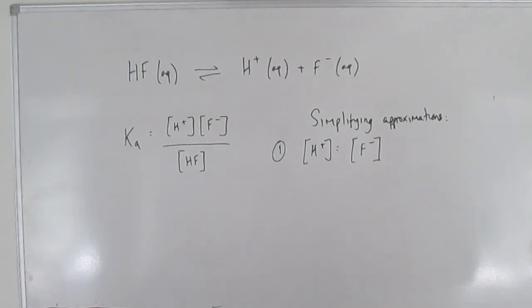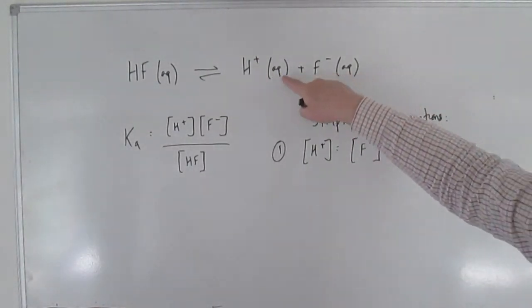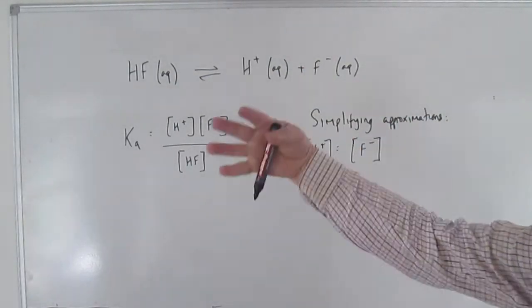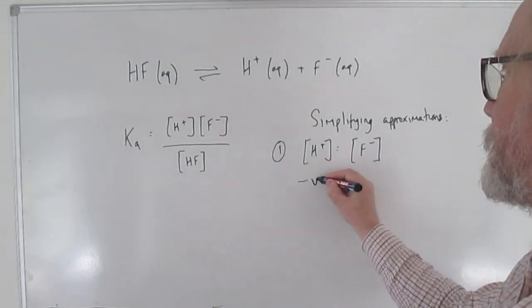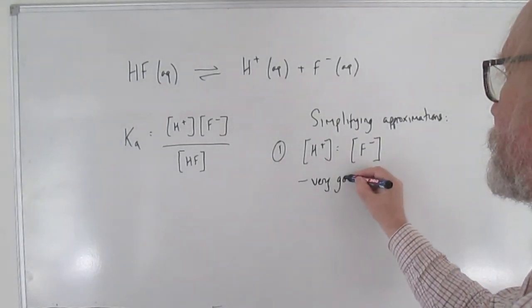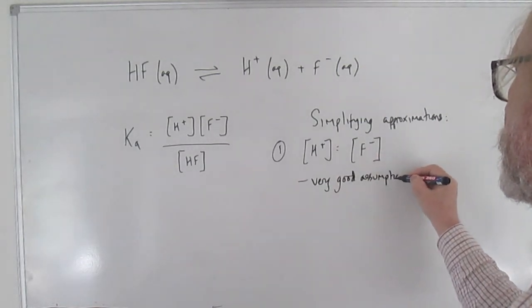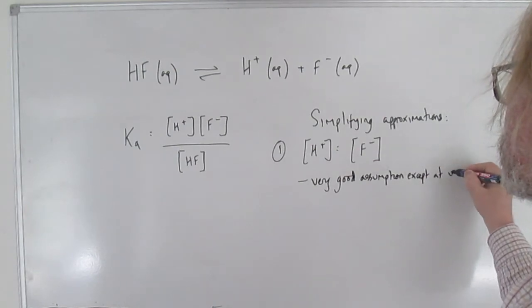The only time it will become significant is at very low concentrations, when the concentrations of these coming from the acid are so low that they become kind of comparable to what you get from ionization of water. So this is a very good assumption, except at very low concentrations.